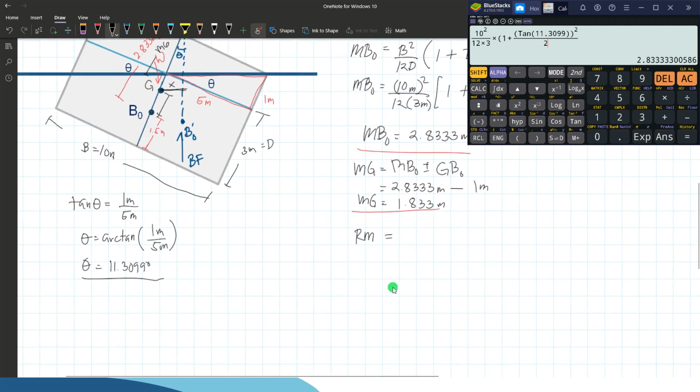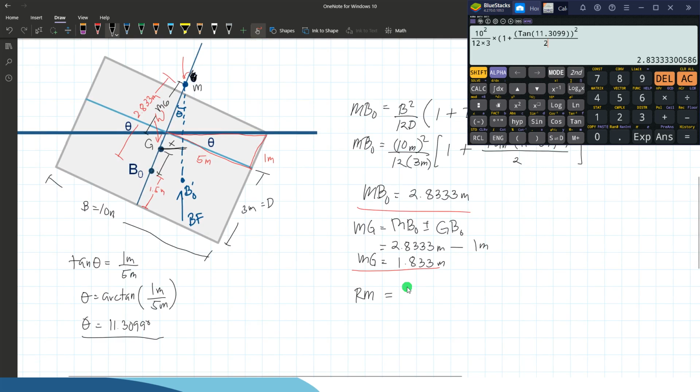It will just return to its original position. So that's W x, or W MG sine theta.